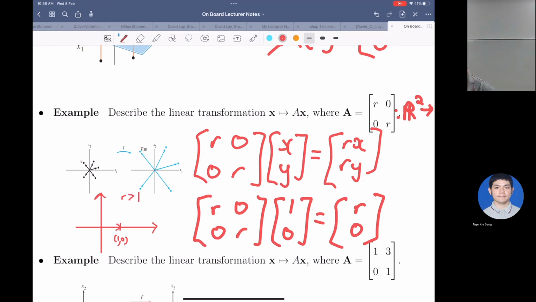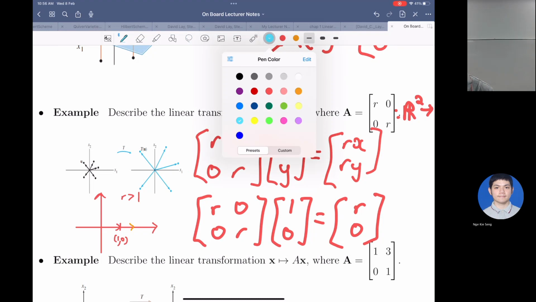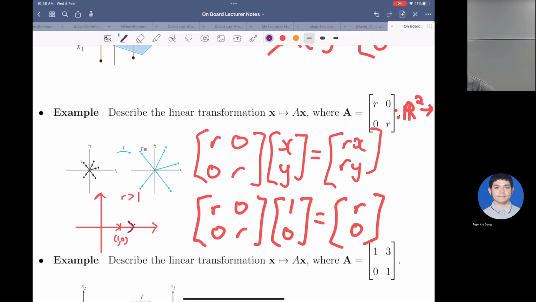If r is greater than 1, then we send it up to here. Let's change the color. You can see that if r is greater than 1, it becomes longer.